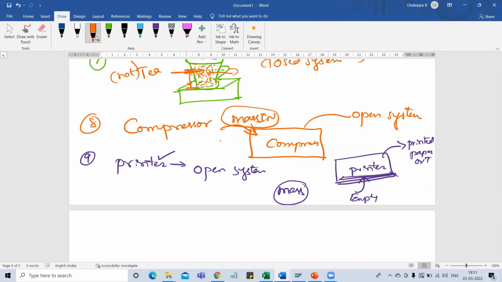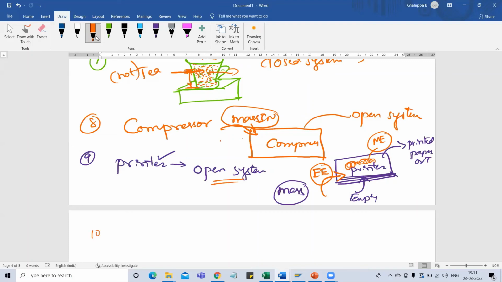We are supplying electrical energy, current, power. Mechanical energy also, because some parts of the printer will be moving, no? Some wheels will be there, some layers will be there. When you switch on the printer, you will get some noise, meaning some mechanical components are there inside. So electrical energy is converted into mechanical. So it is an open system.